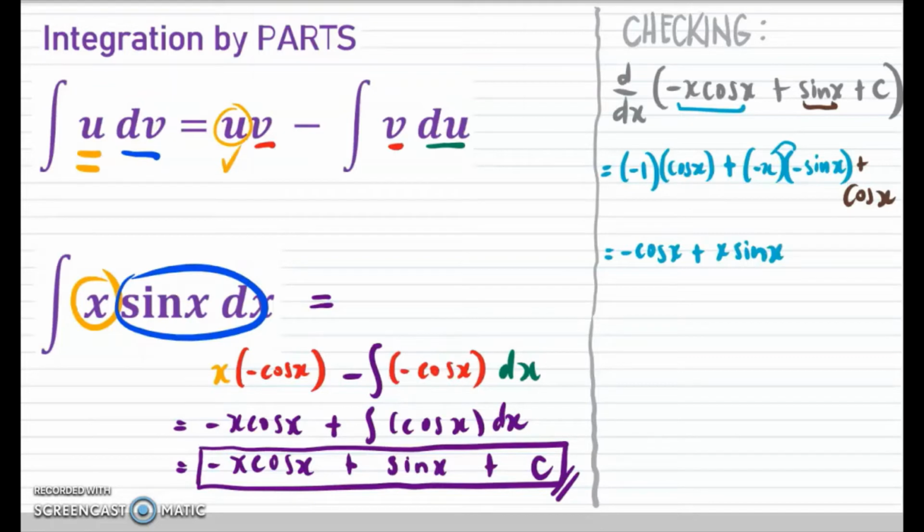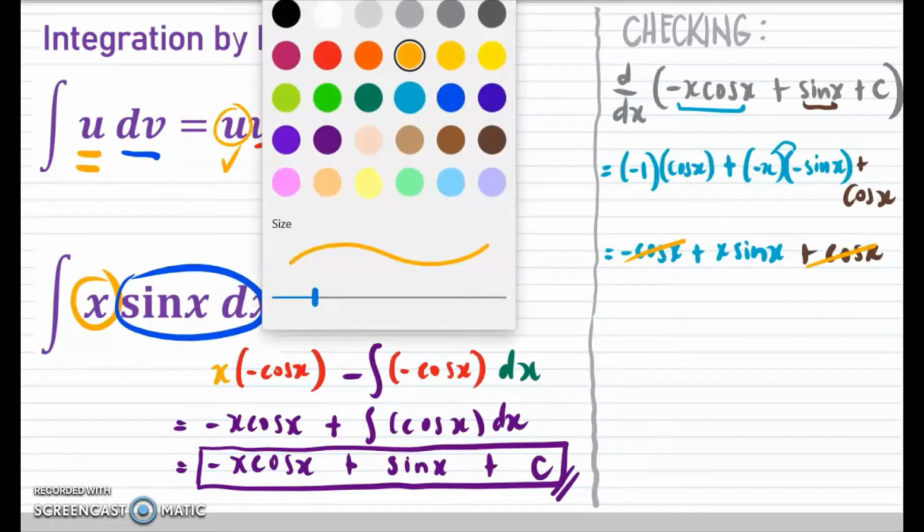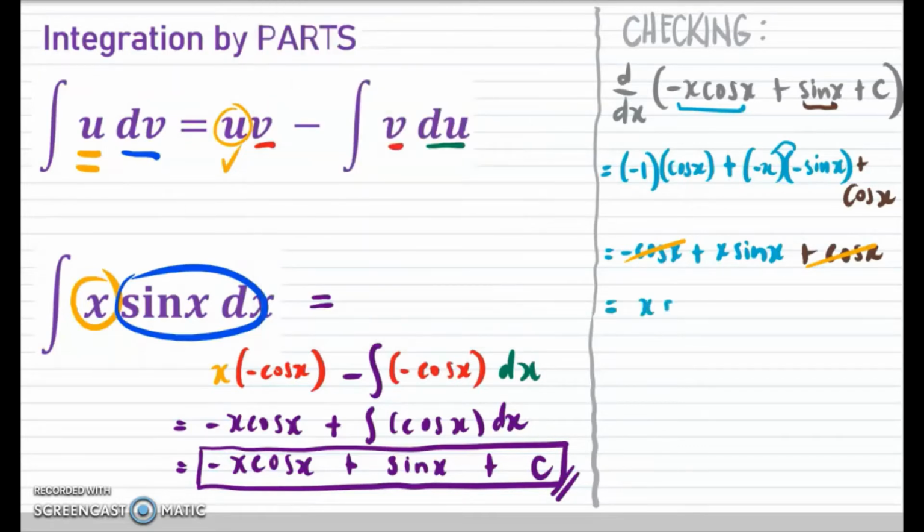And then we have our plus cosine x. And as you can see, we can actually cancel the negative cosine x and positive cosine x, leaving us with only x sine x, which is this one, right?